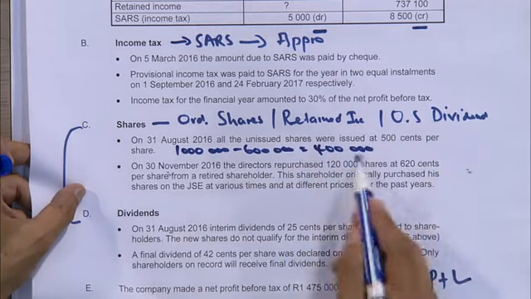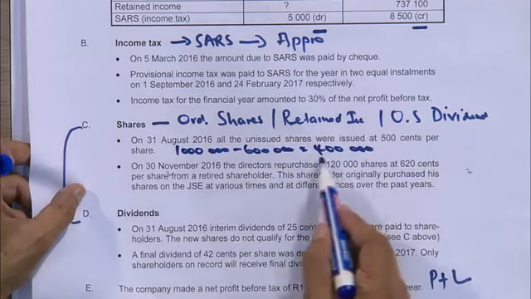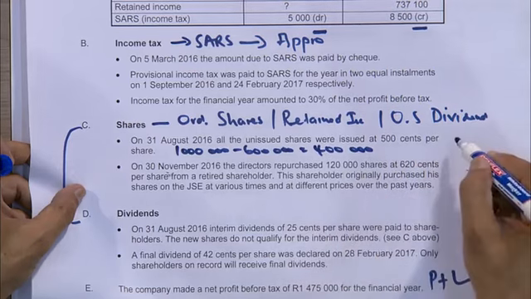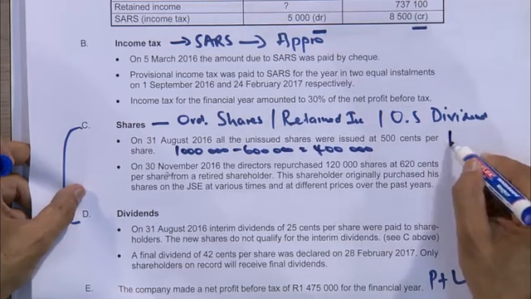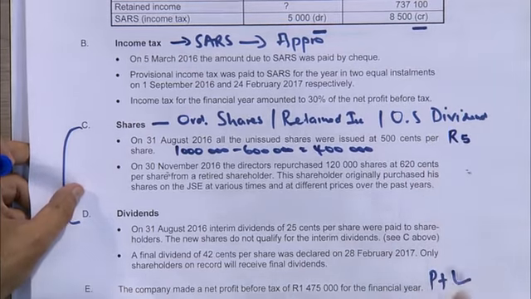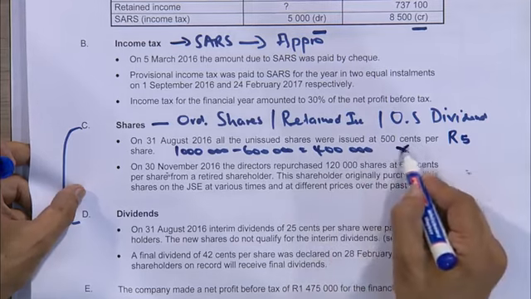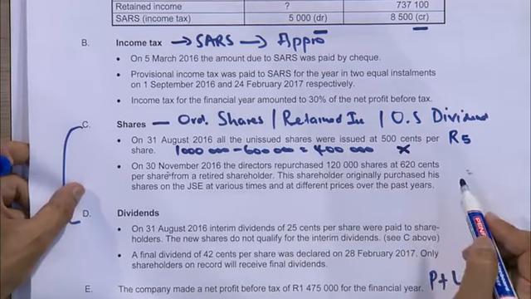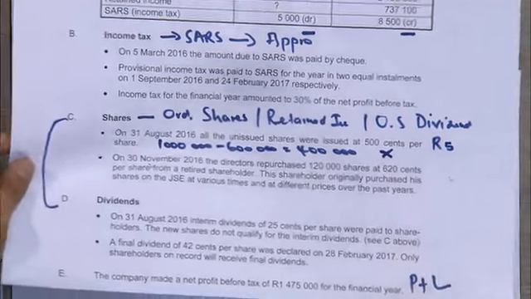So we're issuing the unissued shares, which is the 400,000 shares, and we're asking 500 cents, which equates to 5 rand per share. So here we have to multiply 400,000 times 5 rand, and that will give you 2 million.